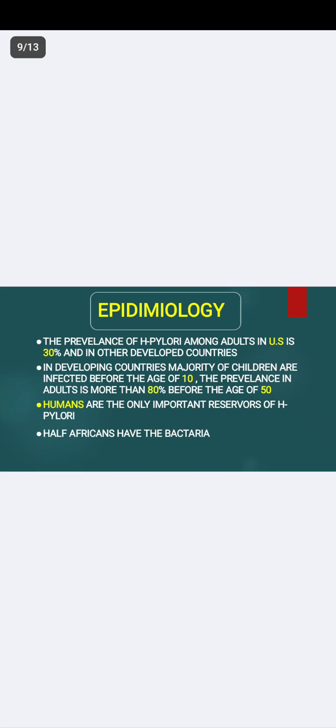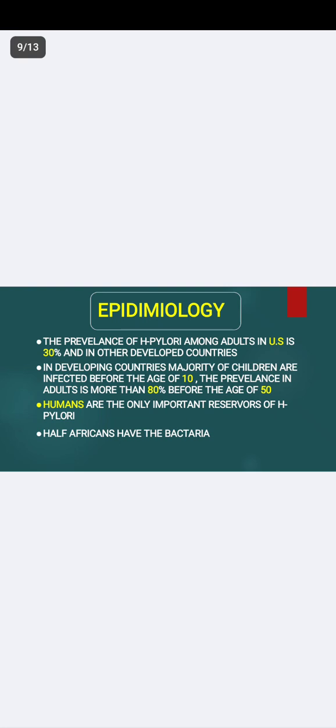The prevalence of H. pylori among adults in the US is 30%, and in other developed countries it is also present up to 30%. It is more commonly found in adults.